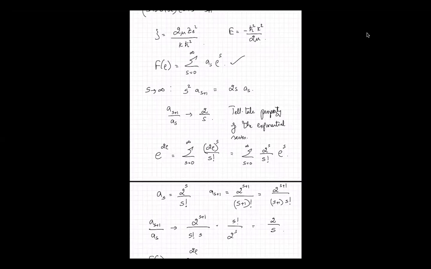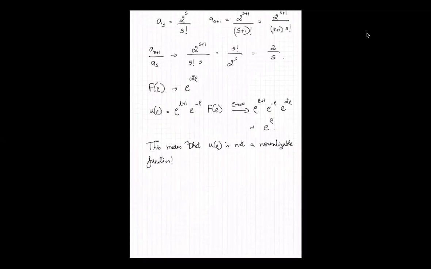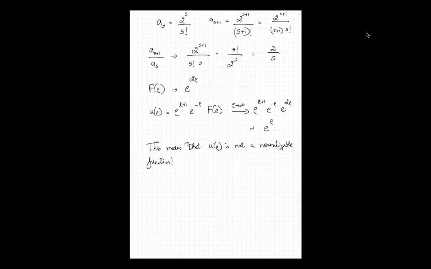If it was e to the rho, then it would still be okay because e to the rho times e to the minus rho is just 1. So at least we can hope that whatever is multiplying this f of rho will cancel this rho to the L plus 1. But we have no hope here because if it goes like e to the 2 rho, the radial wave function exponentially blows up for large distances.